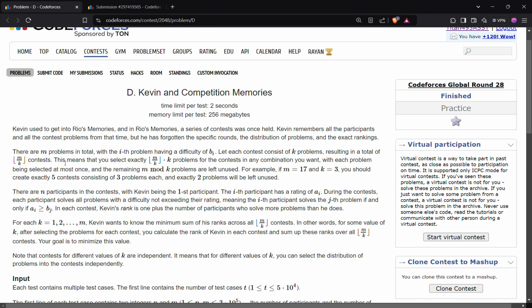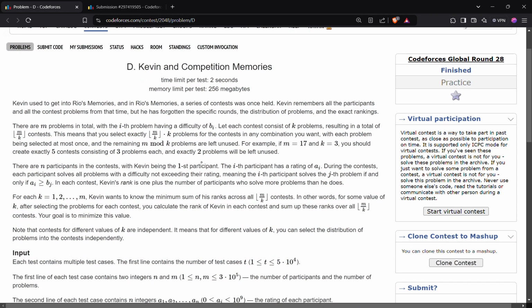So that's obvious, and this means that you select exactly floor of m by k into k problems for the contests in any combination you want, with each problem being selected at most once, and the remaining m mod k problems are left unused. For example, if m is equal to 17 and k is equal to 3, you can make 5 contests and 2 problems will be left unused.